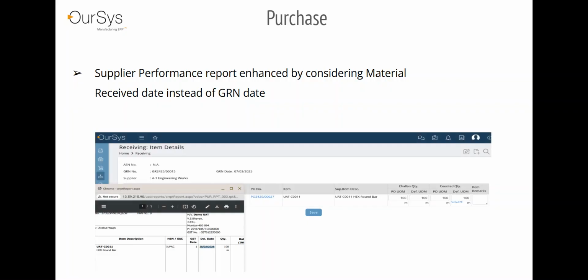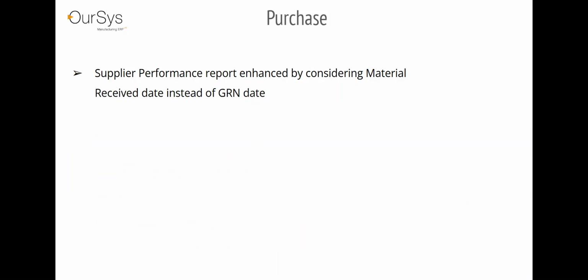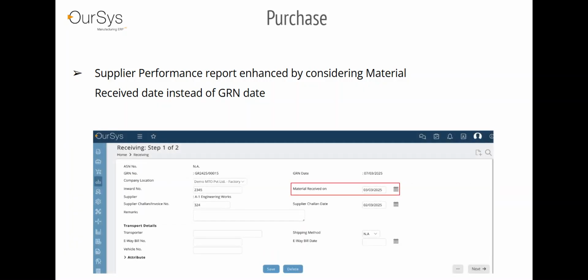So here, with the help of the image, we can see that in the receiving we have a delivery date. While making a goods receipt note, the system by default selects the generation date as the GRN date, but it has a provision to select the actual material receiving date.